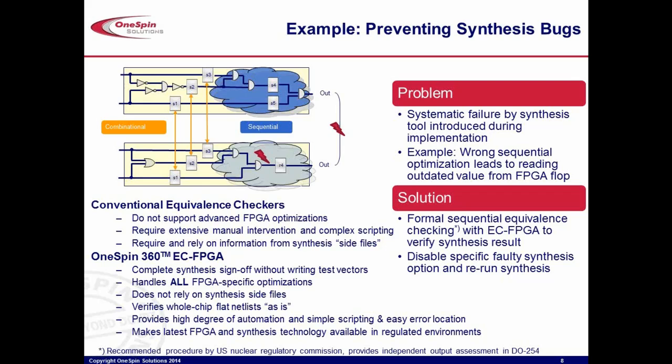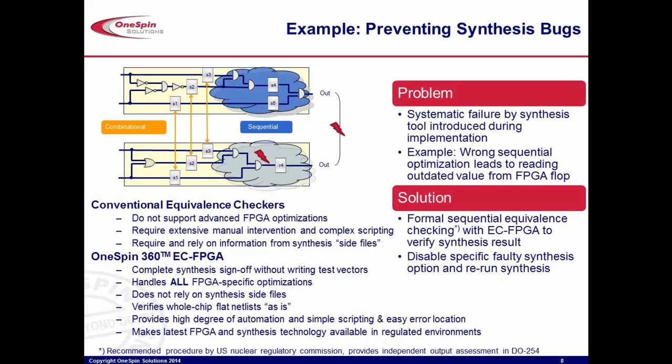The problem with conventional equivalency checkers is that they do not support advanced FPGA optimization, and they might require more extensive model intervention. In an FPGA, you typically want to be fast in running your flow, and they rely on synthesis side files.